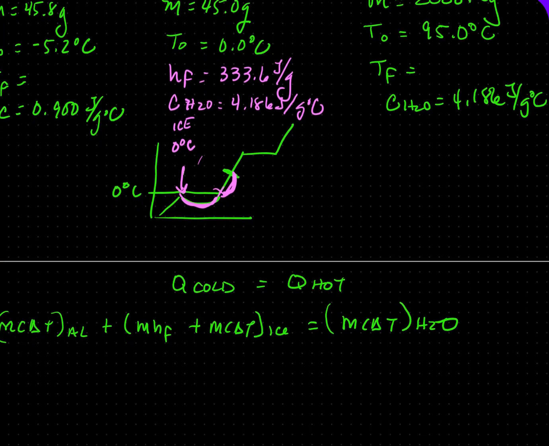Now I'm going to start plugging in numbers. So my aluminum is 45.8 grams times the C, which is 0.900 joules per gram degrees Celsius, times T final, which I don't know, minus negative 5.2 degrees Celsius.